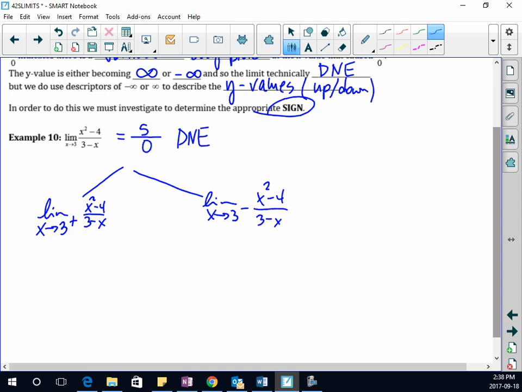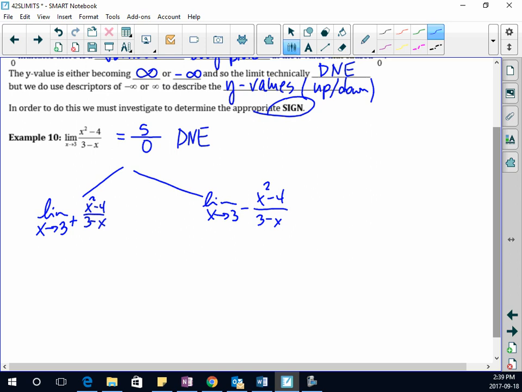So we're trying to determine, is it infinity or negative infinity? Okay, so what does 3 from the right mean? Numbers bigger than 3. So pick a number bigger than 3. 3.1, or you can just pick 4 or 100. All we care about is the sign here.